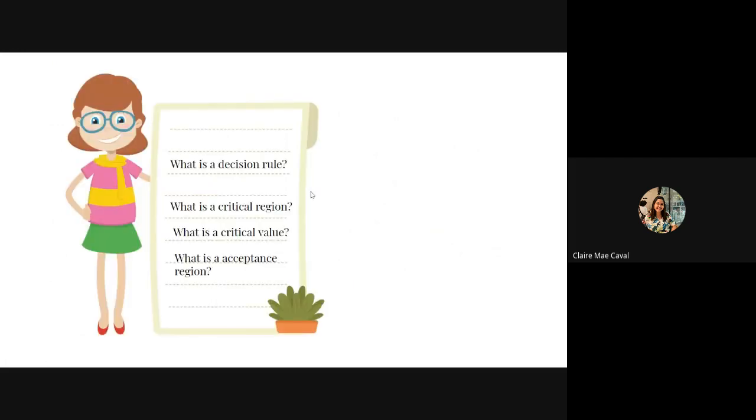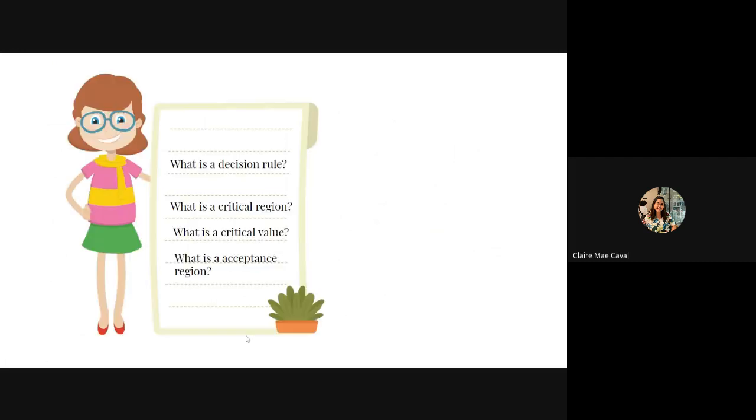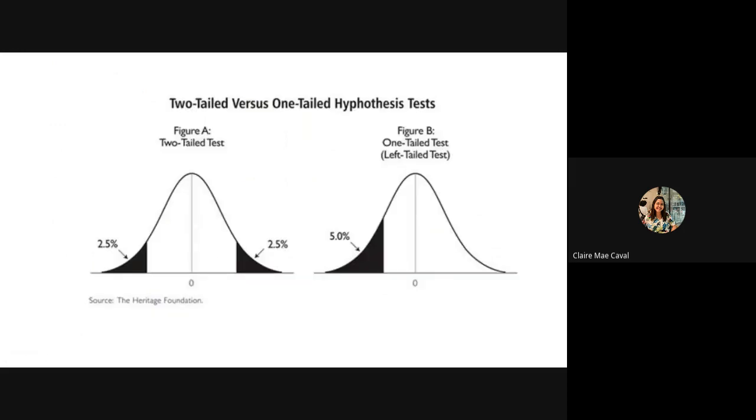What is the critical value? Here, the line is the critical value. That's the boundary. When we say critical value, it is the value between the critical region and the acceptance region. So this is the critical region, or the rejection region, and this is the acceptance region. The line or boundary in between is actually your critical value.